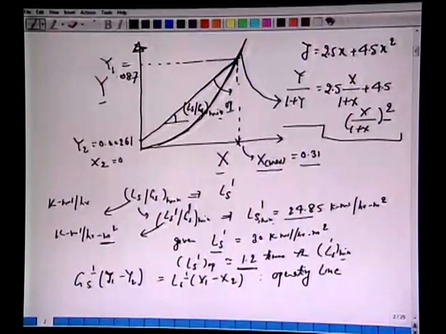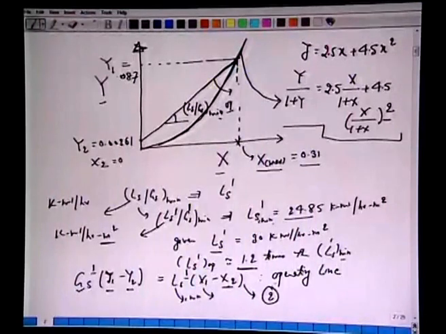So, this will get cancelled, either GS or LS or GS prime and LS prime. Now, look here, Y1 is given to us, Y2 is known, X2 is known to us, which is 0 here, X1 is not known to us, and LS prime minimum is not known to us. GS prime is given to us. We are supposed to solve equation 2 with equation 1 if we want to solve analytically.